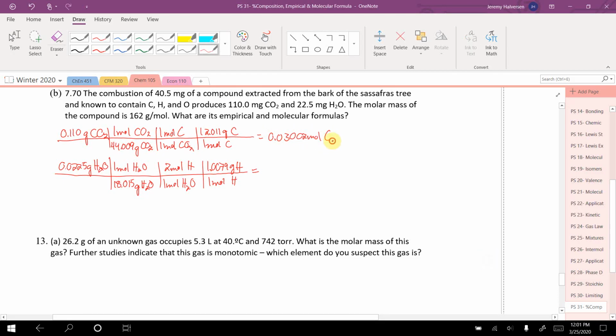Moles of carbon, grams carbon. Grams of hydrogen. I started with my 0.0405 grams total. I subtract my carbon, subtract my hydrogen, and I get my oxygen.